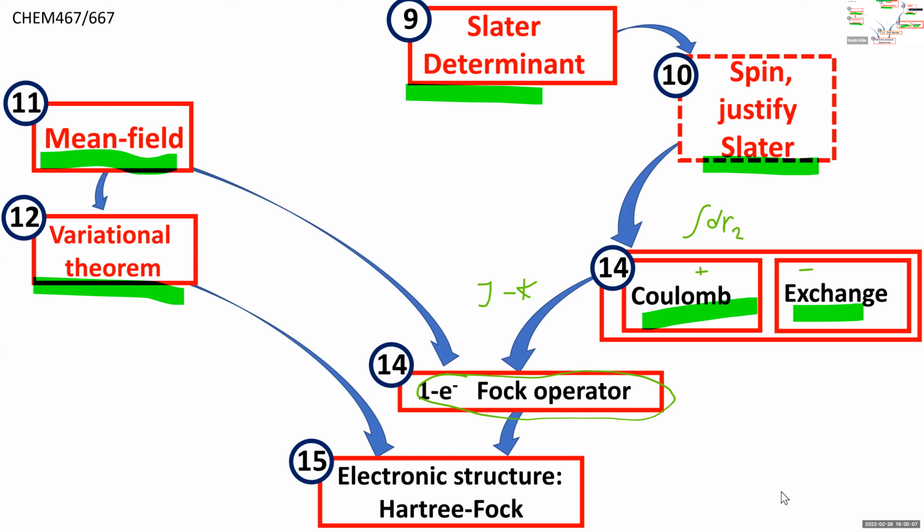The main challenge in this problem is that electrons repel each other, they interact with each other. And in order to take it into account, there are several tricks. The major problem is the cost of calculations.